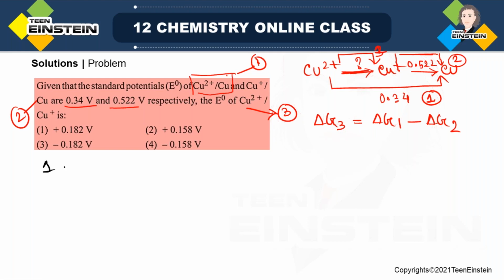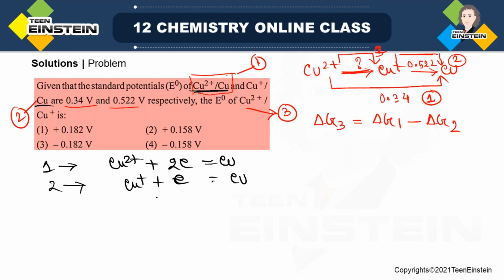So for system 1, the equation will be Cu2+ accepting 2 electrons, it is converted to Cu. For the second reaction, it is Cu+ which is converted to Cu by accepting 1 electron. Now if you deduct the second equation, what will you get?